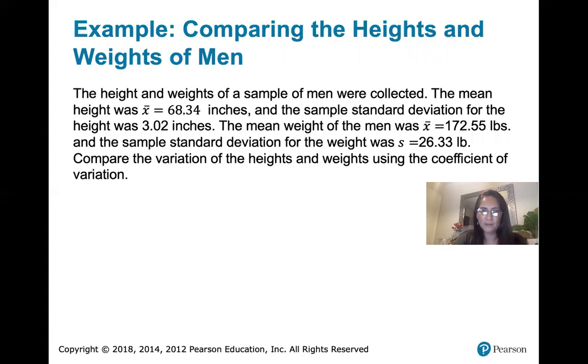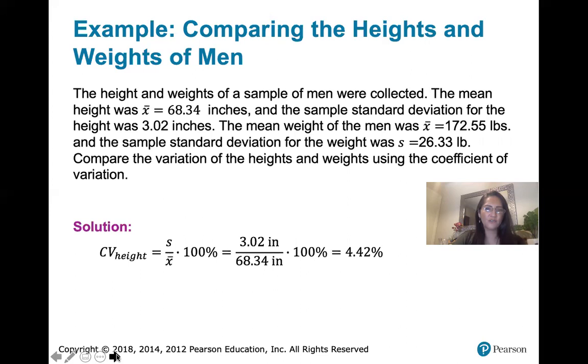Well, what we're going to do is compare those standard deviations relative to their means, multiply by 100%, and that's going to give us coefficients of variation. We can compare those two percentages to see whether heights vary more than weights or the other way around. So first, let's compute the coefficient of variation for the heights.